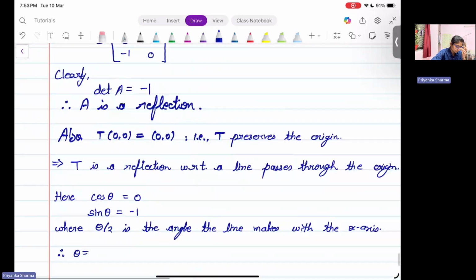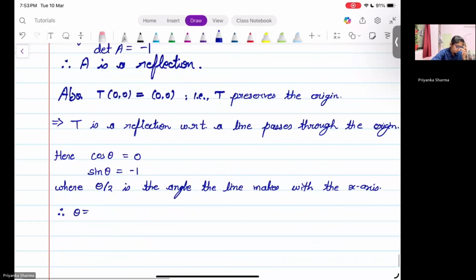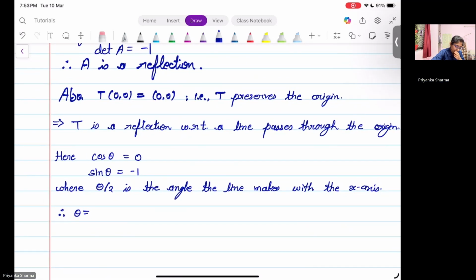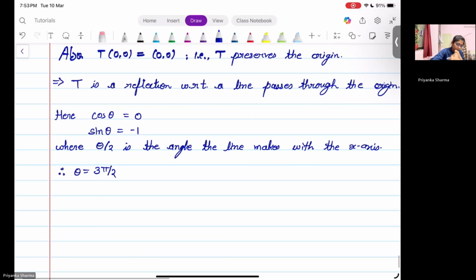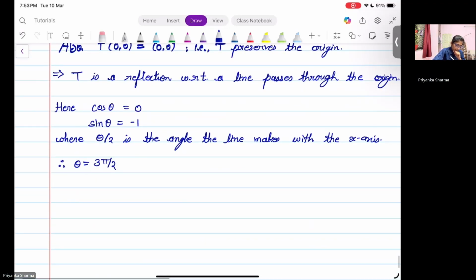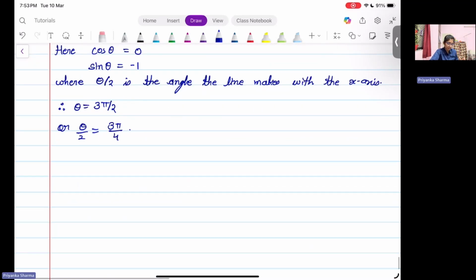So theta will be 3 pi by 2, and theta by 2 is 3 pi by 4. So this is the angle this line makes with the x-axis.